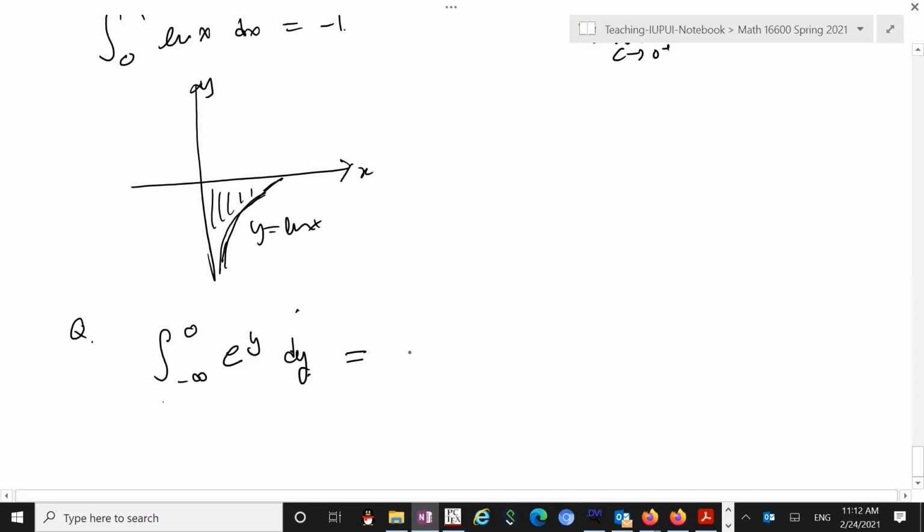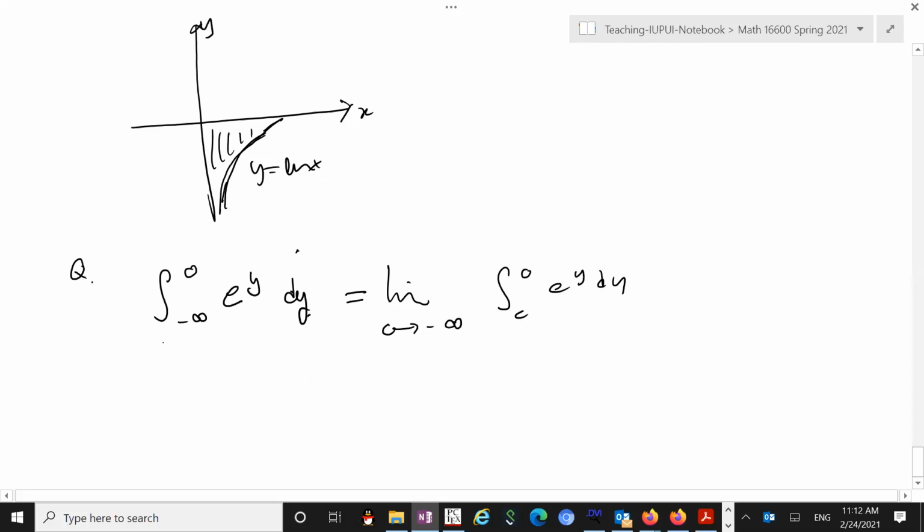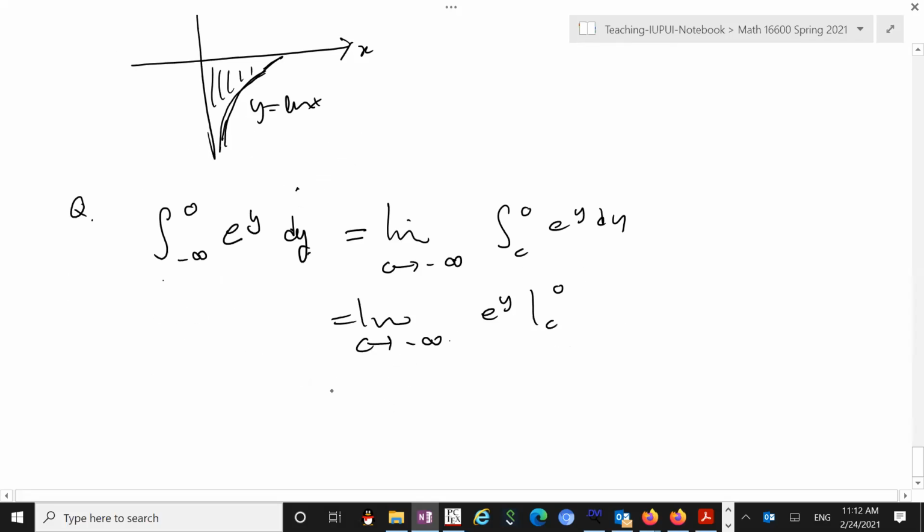The reason is I got this from the above picture, but let's redo the problem. So this is the limit as c approaches negative infinity of the integral from c to 0 of e to the y dy, right? And that is e to the y evaluated from c to 0, e to the 0 minus e to the c.